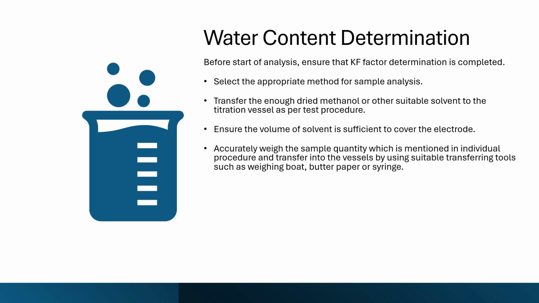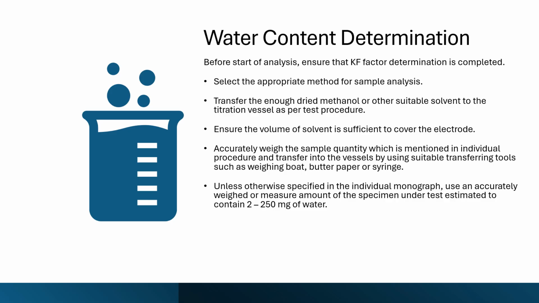And in the next step, accurately weigh the sample quantity as mentioned in the individual procedure, right? So use suitable transferring tools like a weighing boat, butter paper or syringes to transfer the sample into the titration vessel.